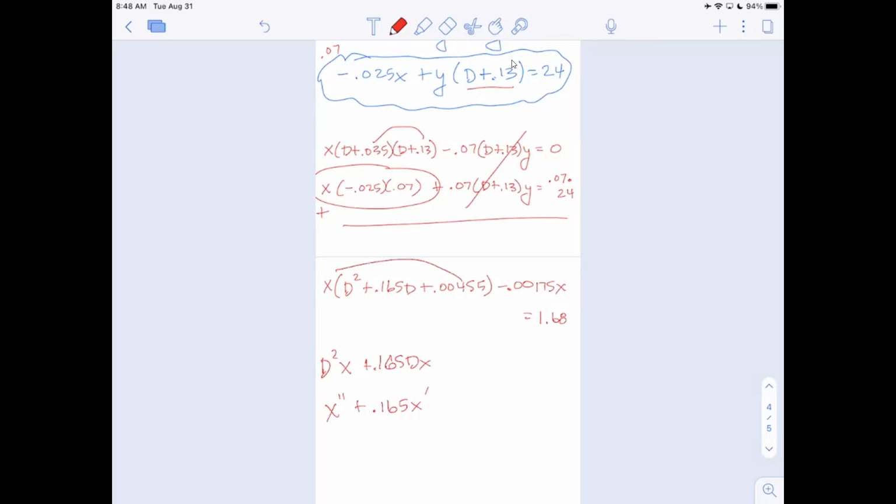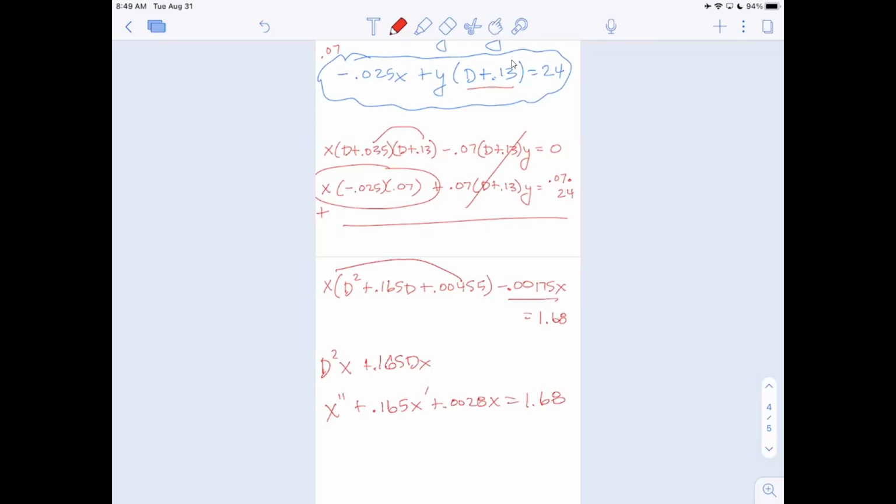And then x times this number minus another x times that number. I end up with 0.0028 just times x, and that still equals 1.68. And so for the first time, I realized, oh, that dropped into a second order differential equation, which I can now solve.